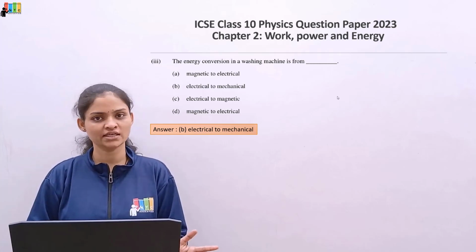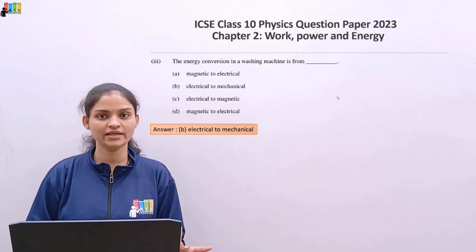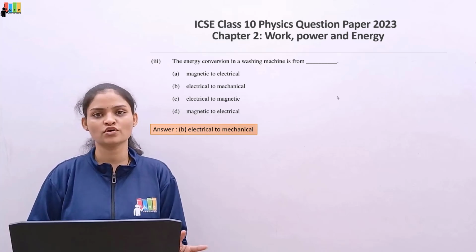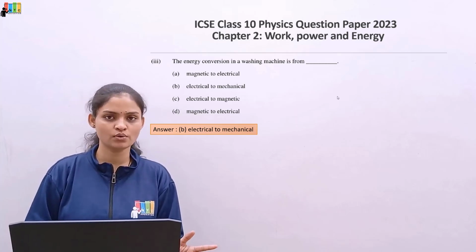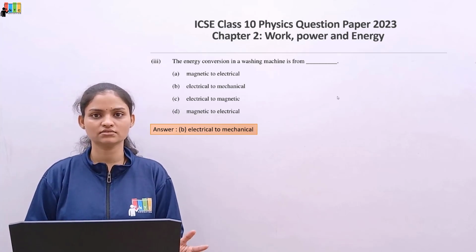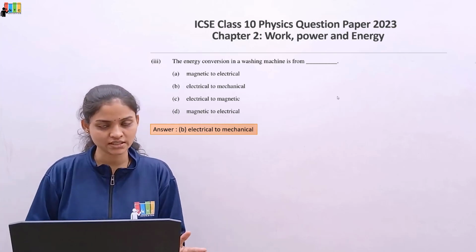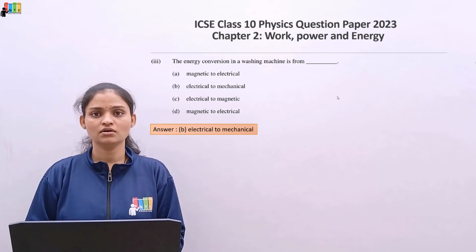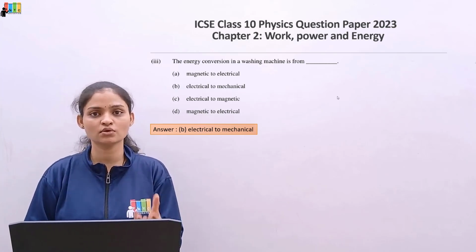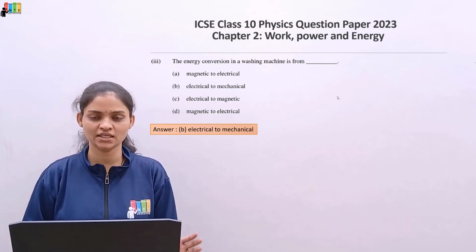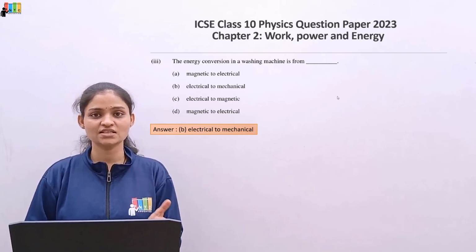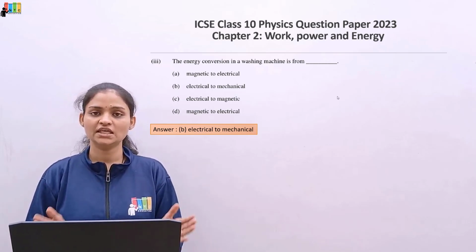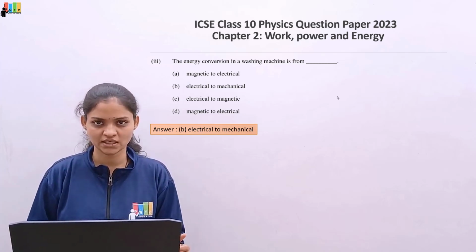We use electrical energy. We connect the power supply of the washing machine at our homes, and we use that electrical energy for washing clothes in the form of mechanical energy. So there is conversion of electrical energy to mechanical energy.